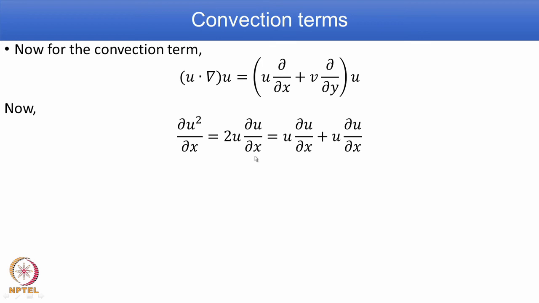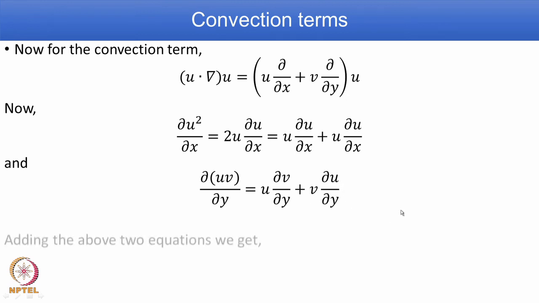u into dou u by dou x is expanded as one u into dou u by dou x plus u into dou u by dou x, and then dou by dou y of u v as u into dou v by dou y plus v into dou u by dou y.